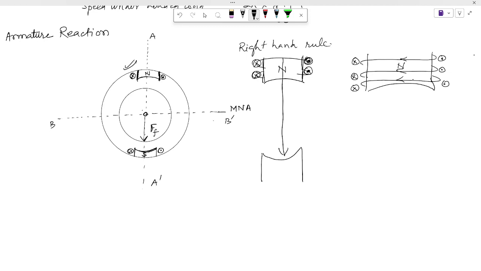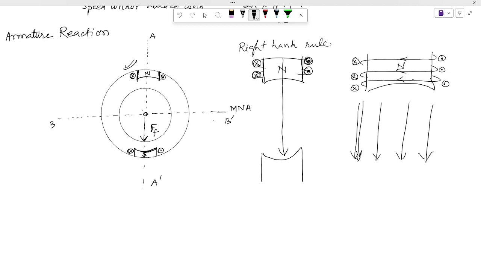Sir, why is it perpendicular to the main field? See, if I ask you, these are the magnetic field lines. If I ask you to define the magnetic neutral axis, how will you define?